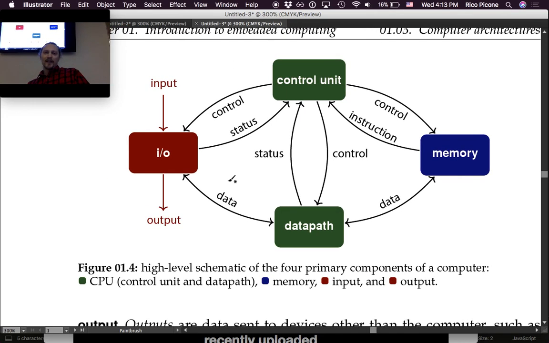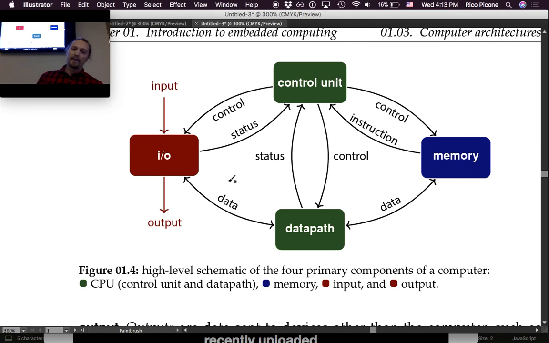And let's take a look at this figure and see if we can interpret it a little bit. So here are the four components. So the control unit and the data path are the CPU, right? So together they make the CPU.